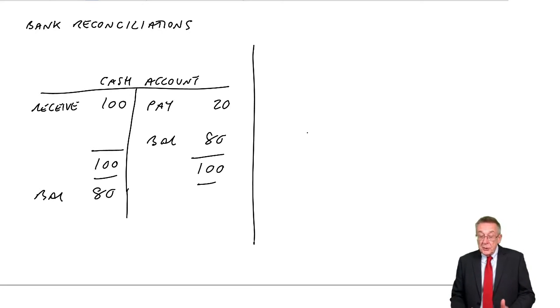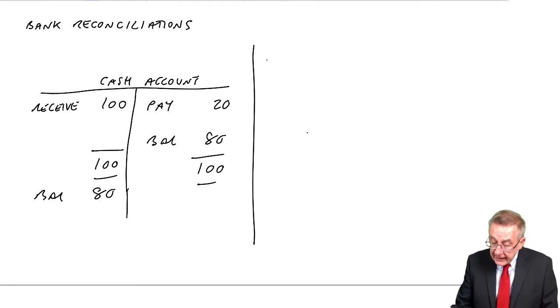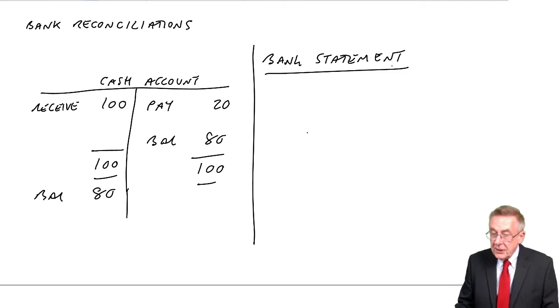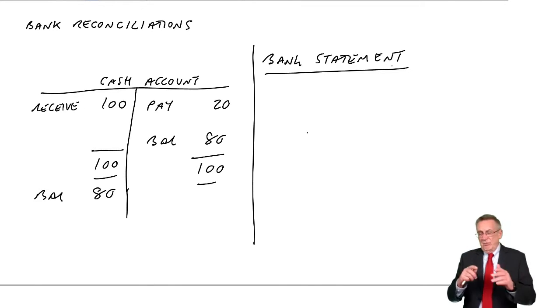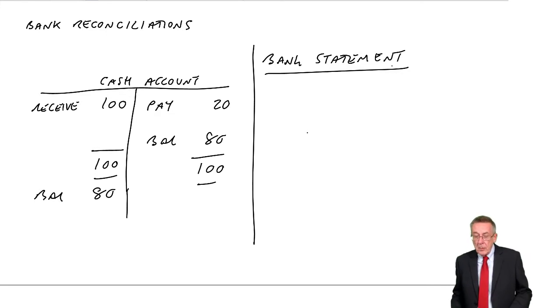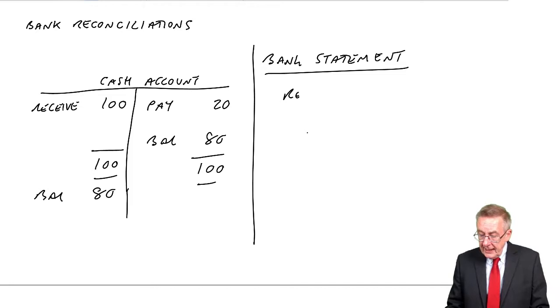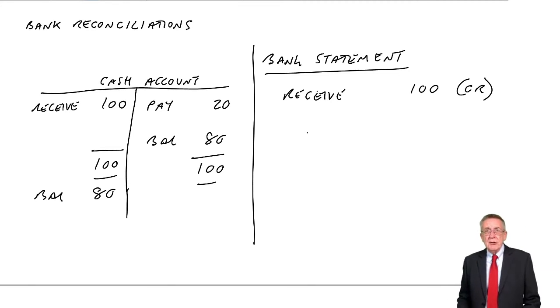However, although that's what we do and that's correct, debit cash when you receive, credit cash when you pay, the bank, when you look at a bank statement, they appear to do things wrongly. Different banks set it out slightly differently, but they tend to show it as just one column. But they'll say receive 100, but they say they've credited your account.